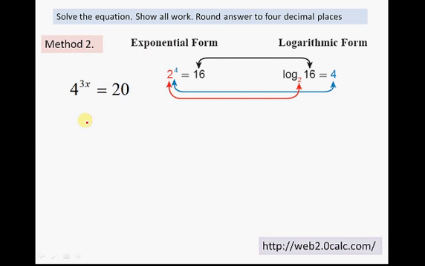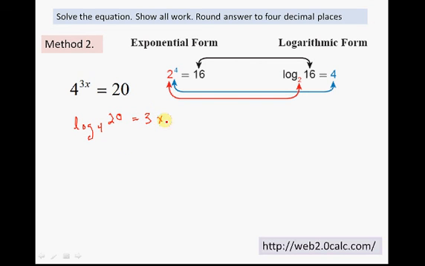We have 4 to the 3x equals 20. How can we rewrite that? Well, we can rewrite that as log base 4 of 20 equals 3x.